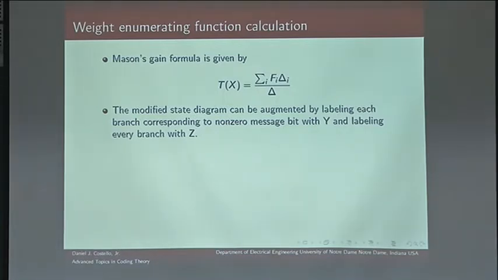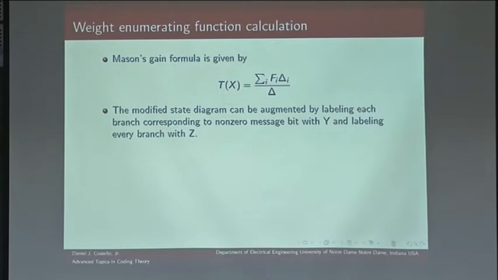Now, you can augment this, and there's a reason for doing this. If you add a y to every branch which corresponds to a non-zero information bit, otherwise a 1, then when you compute the generating function for that, including the y, you're going to get the information weight associated with each path.